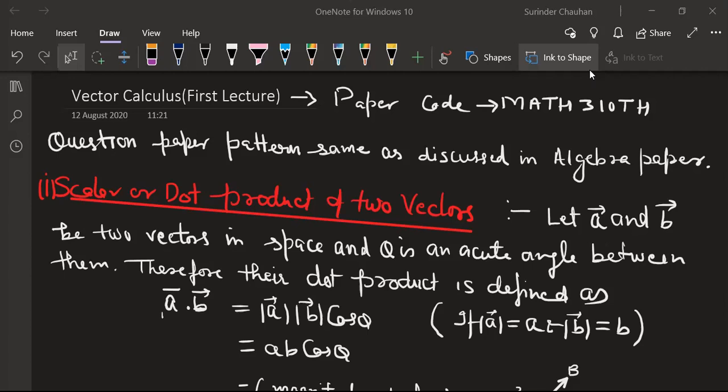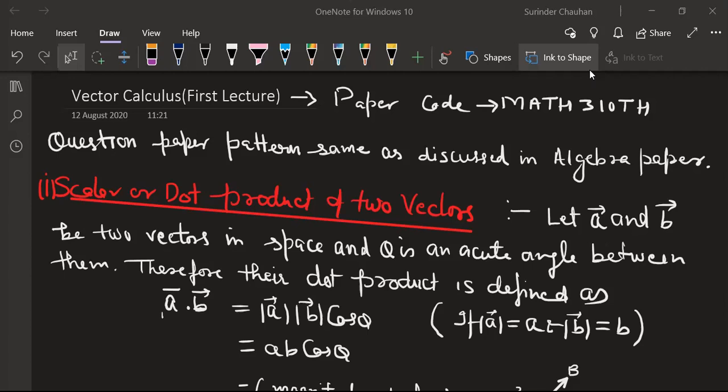There are only three operations in vector calculus, whereas in algebra there were four operations: addition, subtraction, multiplication, and division. If you divide a vector by another vector, it is meaningless, so division by another vector is not possible. Again, if you want to subtract two vectors, we multiply the second vector by a negative scalar and add them.